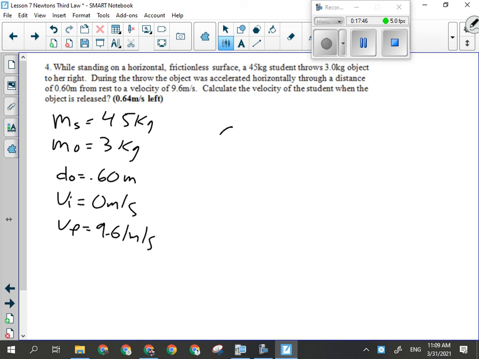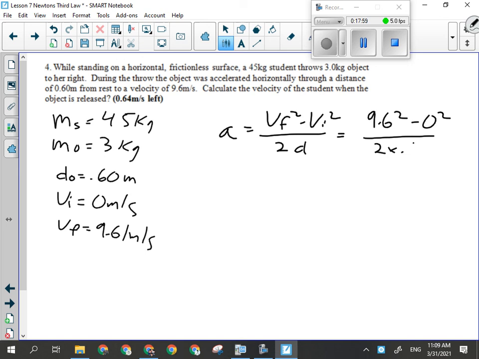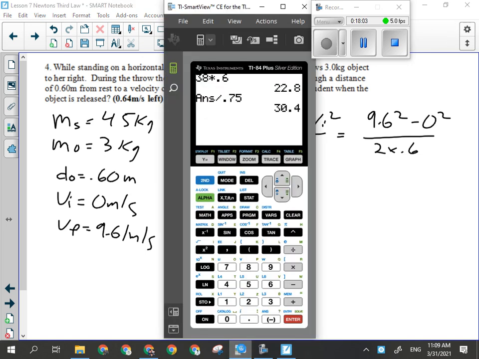I'm going to find acceleration. So acceleration will be Vf squared minus Vi squared over 2d. That'll be 9.6 squared minus 0 squared over 2 times 0.6, which gives me the acceleration of the object. So 9.6 squared divided by 1.2.